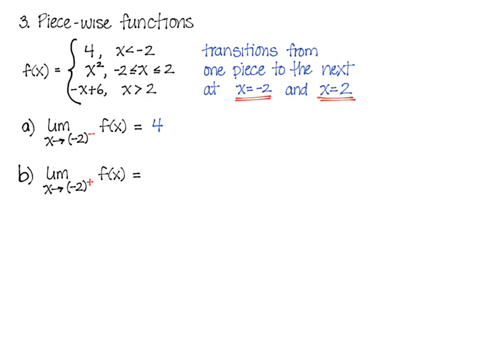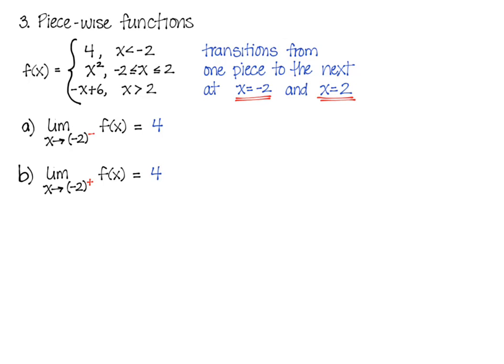The next limit is looking at the limit as x is approaching -2 from the right. To be approaching from the right would mean the inputs are greater than -2, but really close to -2. So we would be in this group right here, and that would mean we would square it. So as it approaches -2 from the right, we would be squaring -2, which would give us a 4.